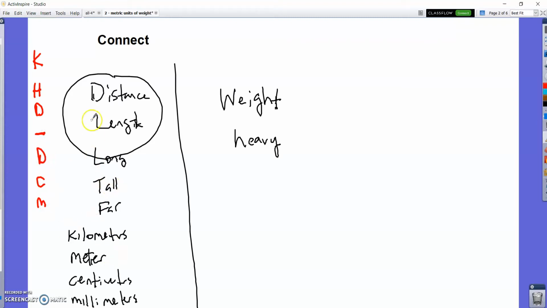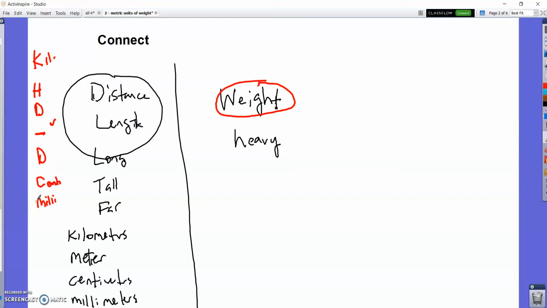And we talked about how the common metric units of distance or length or height are kilometers, meters, centimeters, and millimeters. And what's really nice is this is going to work the same way as we talk about measuring weight today. We're still going to get to use this King Henry thing.